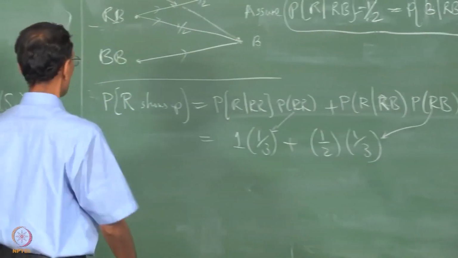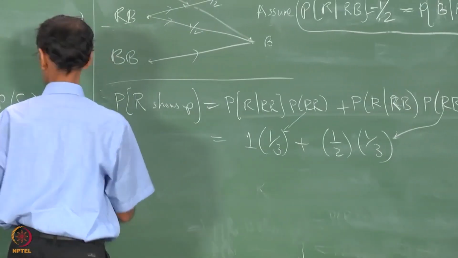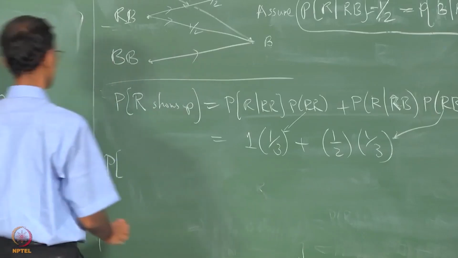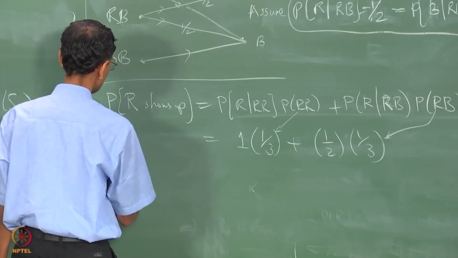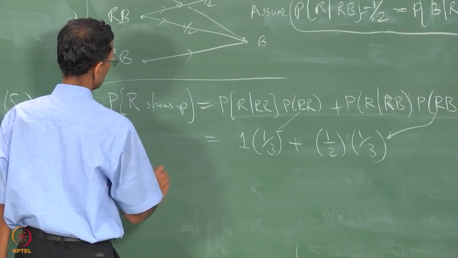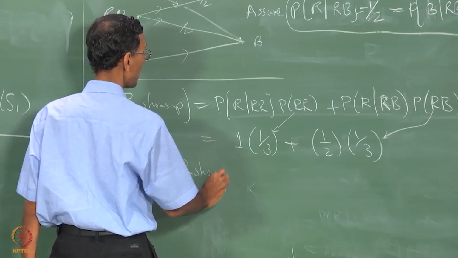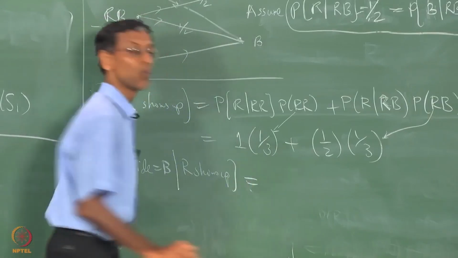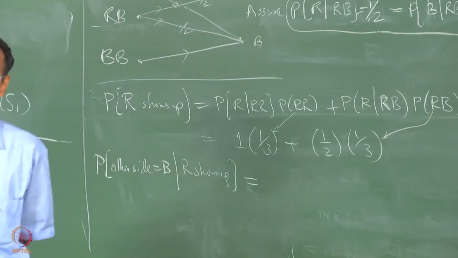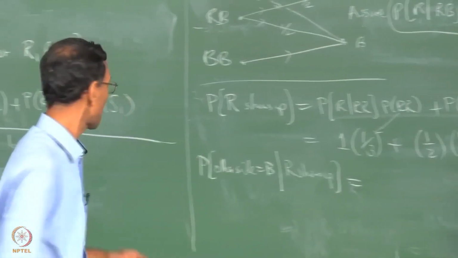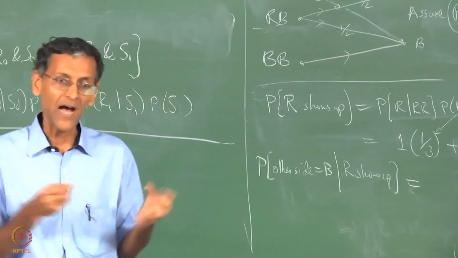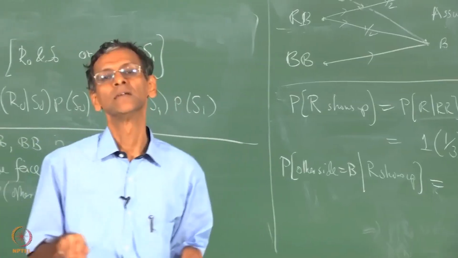So the most important thing of course is this thing, P of other side equal to B given that R shows up, this is what we want. So how do you simplify this conditional probability? This is the probability that you have picked RB, the numerator.